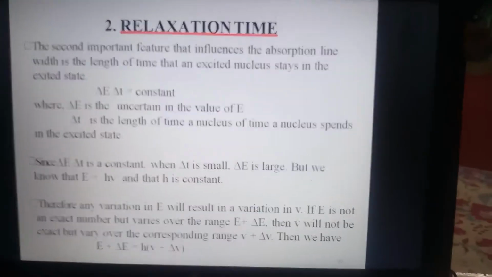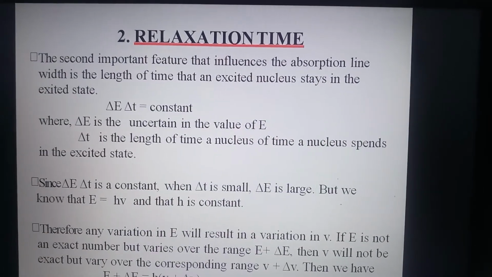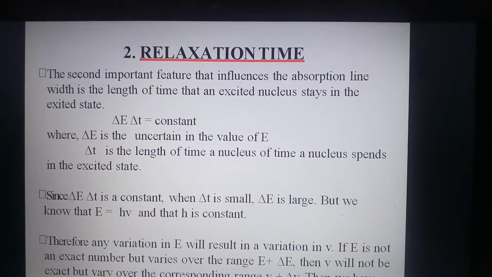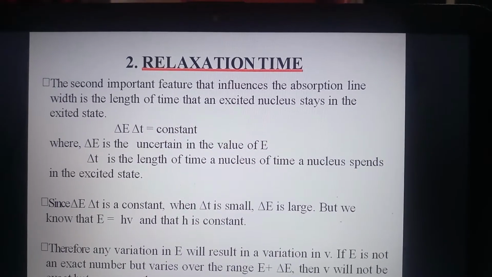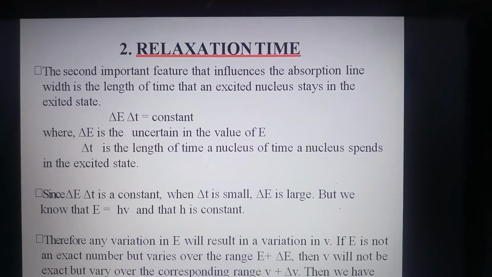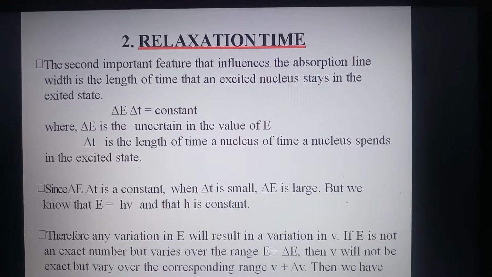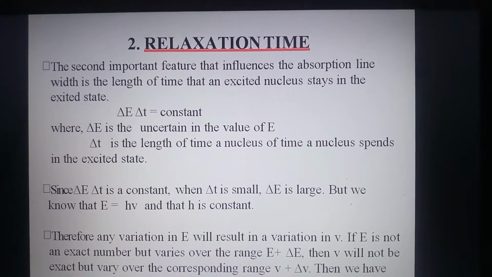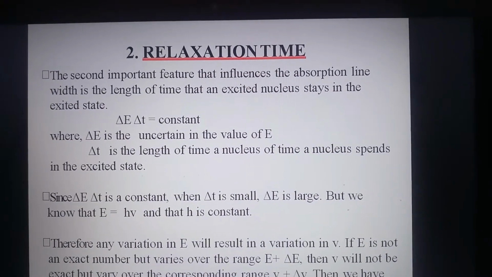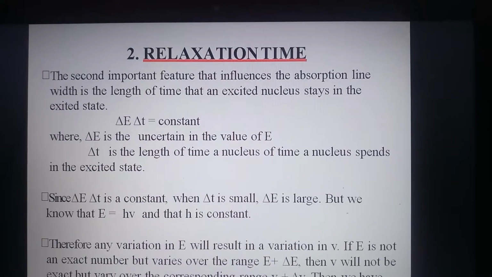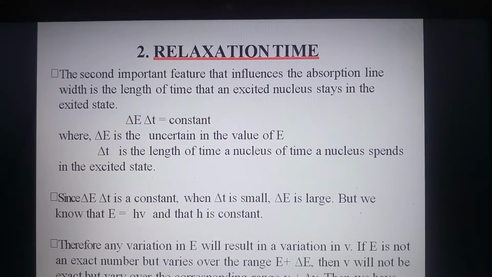Now, relaxation time. The second important factor that influences the absorption line width is the length of time that an excited nucleus stays in the excited state. We know that delta E times delta T is equal to a constant, from the Heisenberg uncertainty principle, where delta E is the uncertainty in the value of E, and delta T is the length of time a nucleus spends in the excited state.